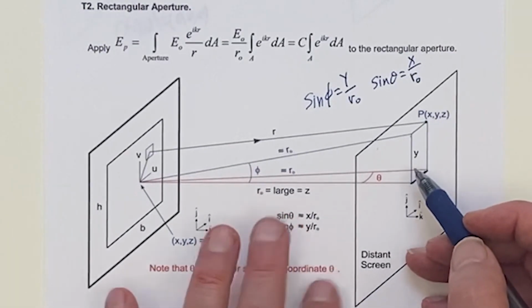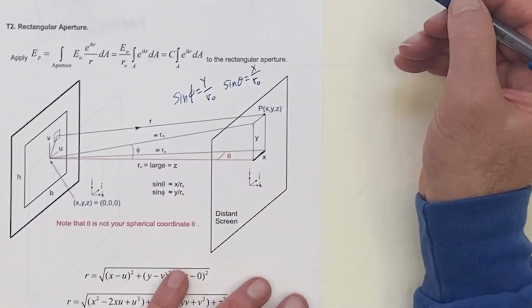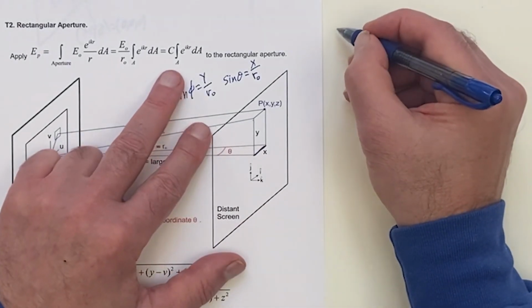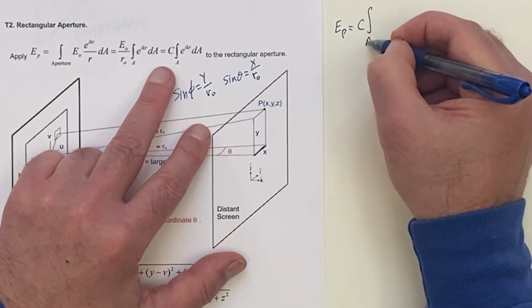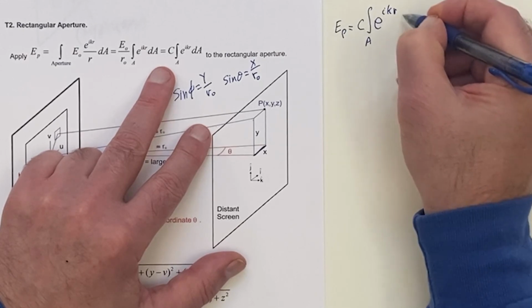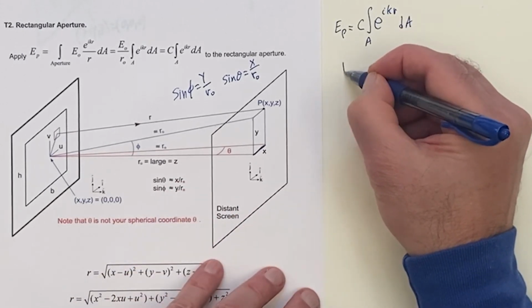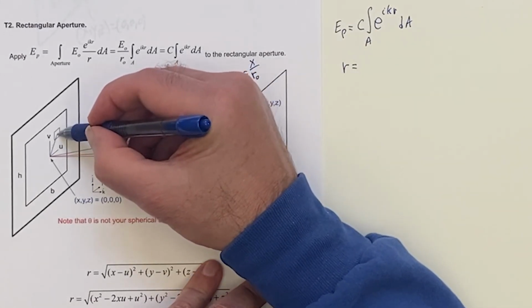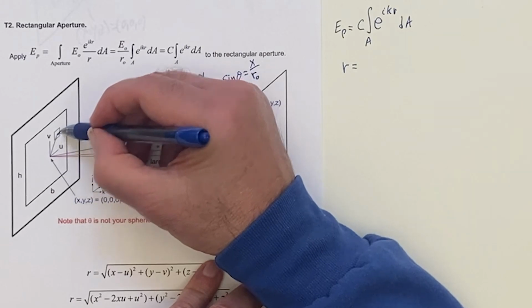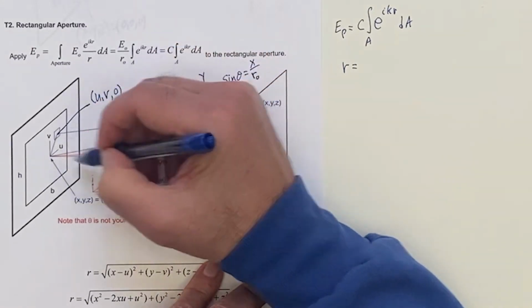I need this r in the formula, and we'll have this to the side as we look at the general formula for the point P. We want some constant there, integrate over the area, e to the i k r dA. But what is this r? This r is now easy to get, because this point up in here is defined by u, v, and 0, because you're not going anywhere out here.